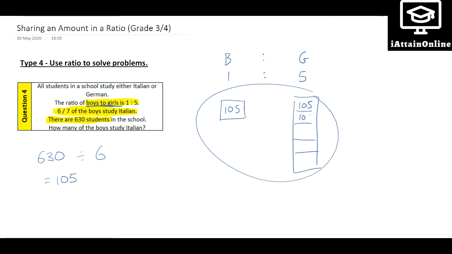So I can write 105 in each of these boxes, and then it's a good idea just to total them up. It's good practice to do that. 105 times 5 gives you 525. So in the school there are 105 boys and there are 525 girls.